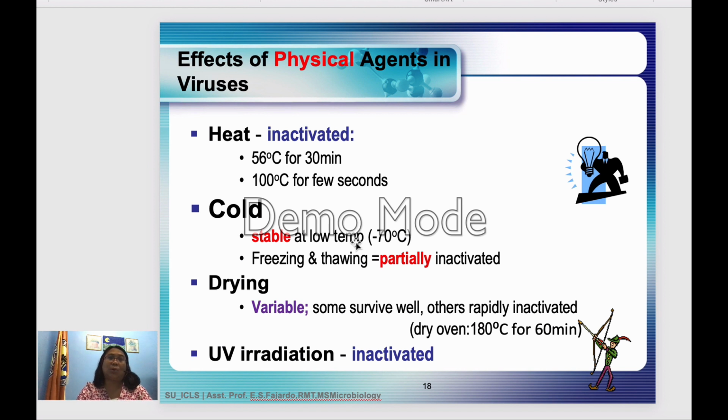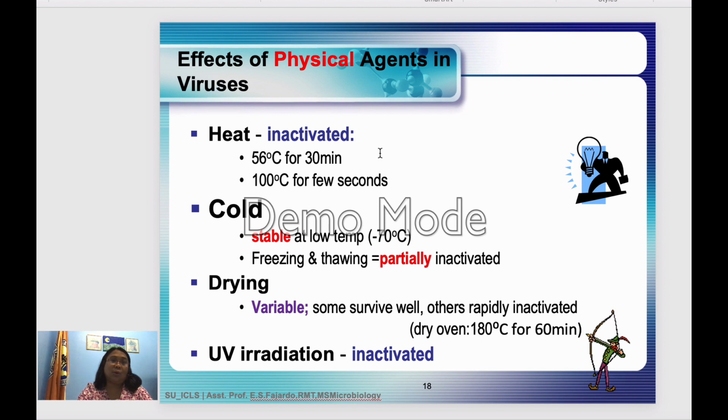So in the laboratory we use heat. Heating at 56 degrees centigrade for 30 minutes, or a few seconds at 100 degrees centigrade, or boiling, inactivates some viruses. Like for example, hepatitis A is very susceptible to heat.